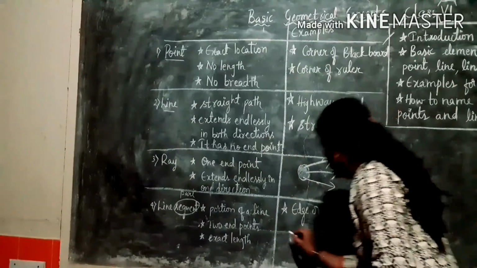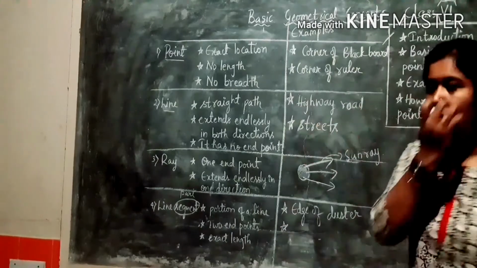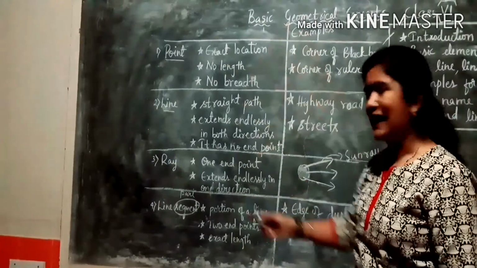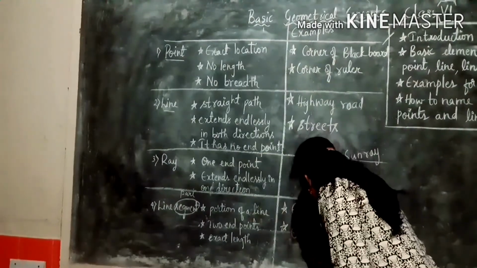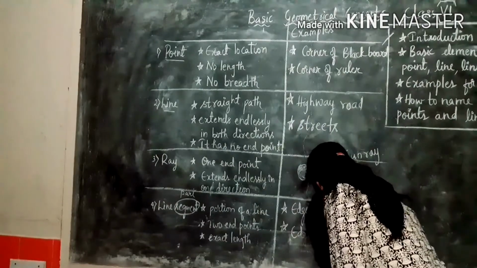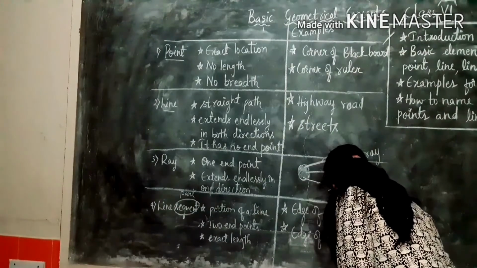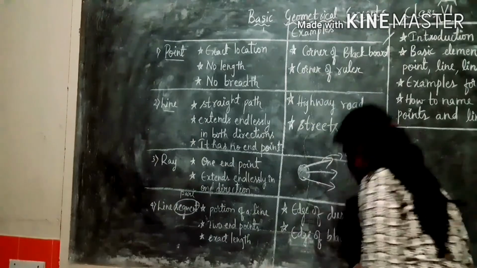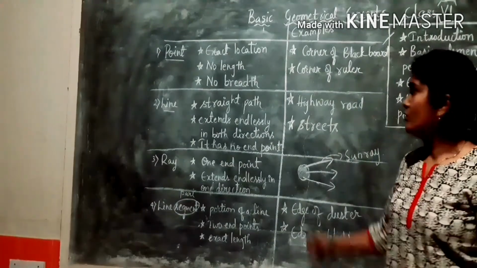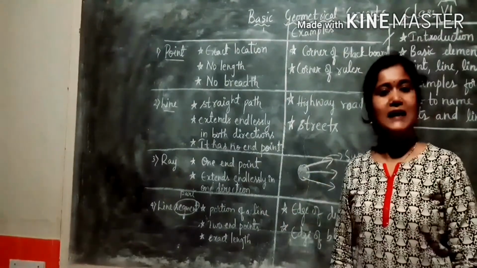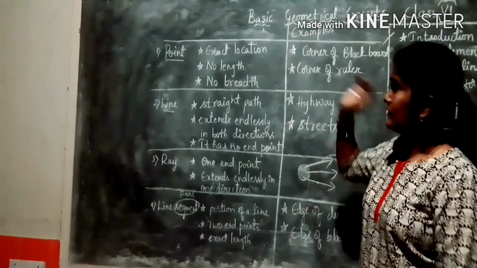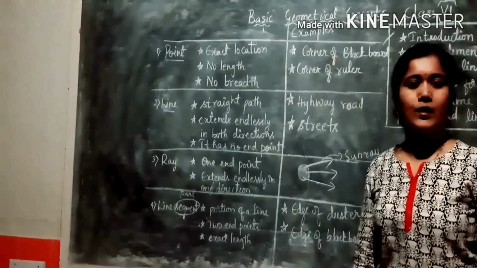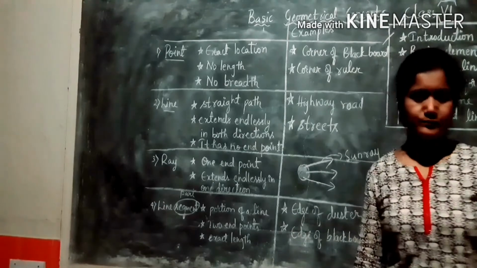You can also consider the edge of the blackboard. So children, in this way you can discover some more examples on the basic elements around your environment.